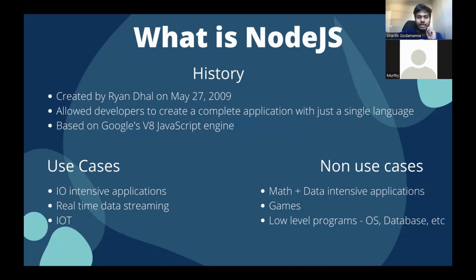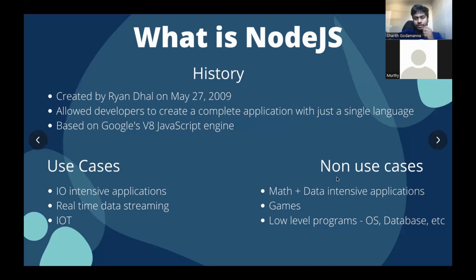So use cases are IO intensive applications, which means applications that do a lot of input and output, like real-time data streaming and IoT. What this means is a lot of apps that interact with the database a lot, or do a lot of non-computationally heavy tasks.